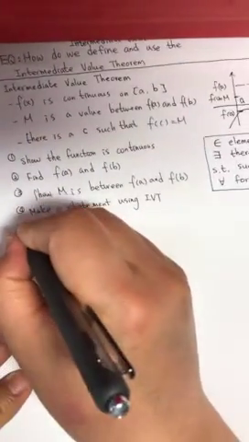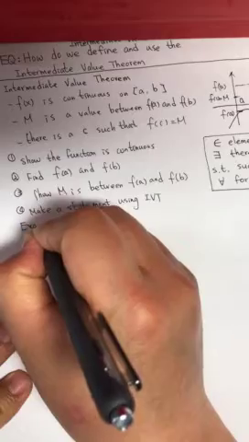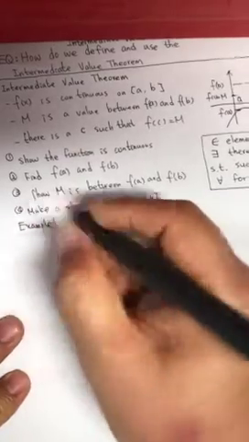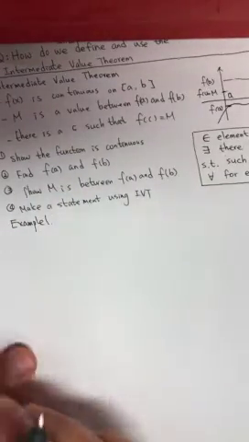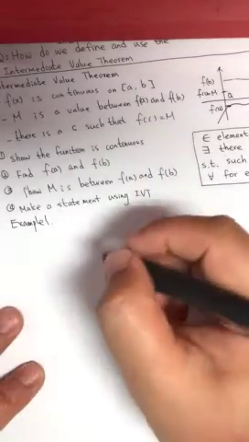Now let's take a look at the examples here. We know that the function is going to be continuous.